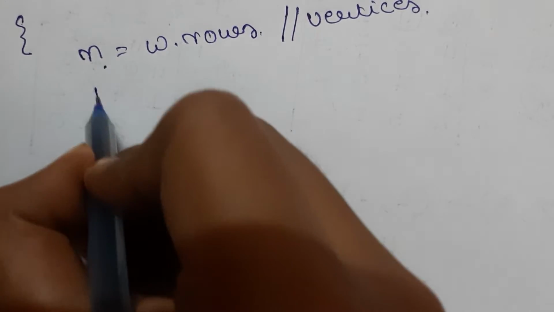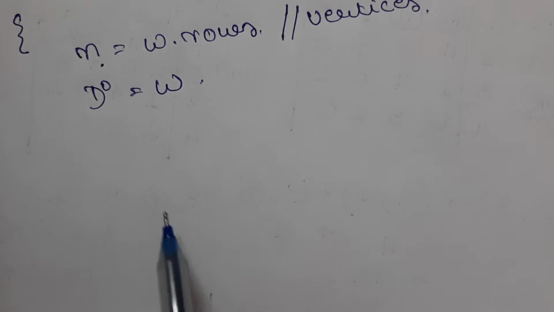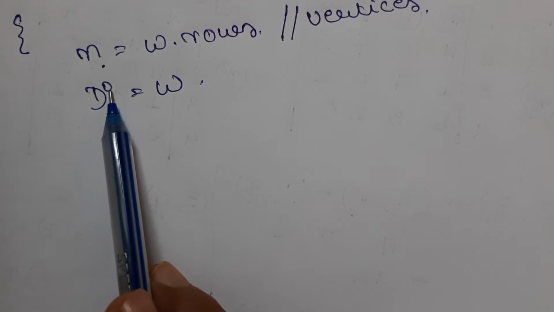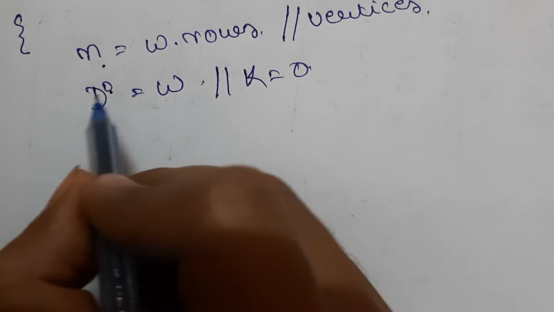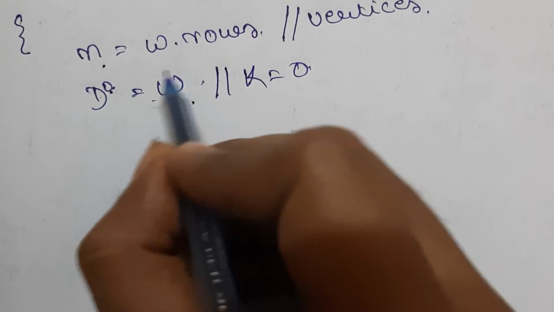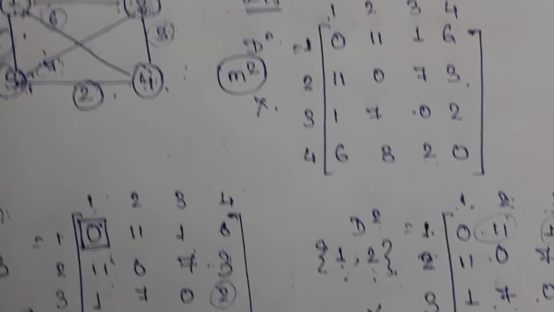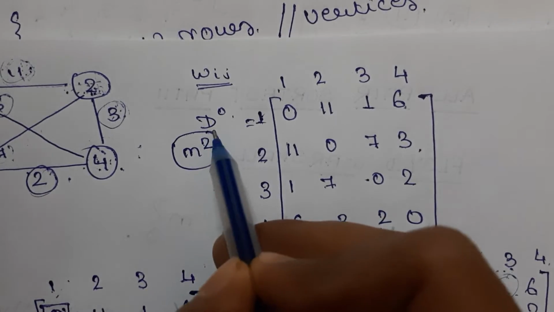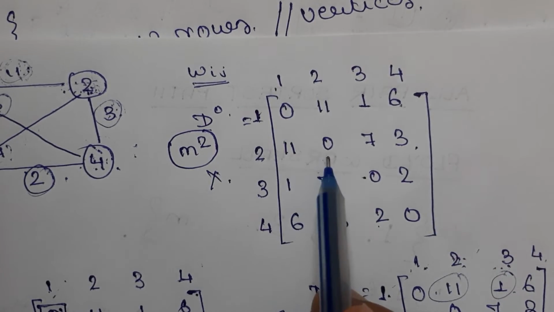Now d0 is equal to w. What does that mean? If it does not include any element, that is k is equal to 0, then d0 is the weight matrix, as I have taken in the example. d0 is the weight matrix, right?